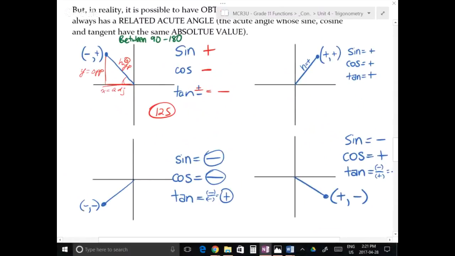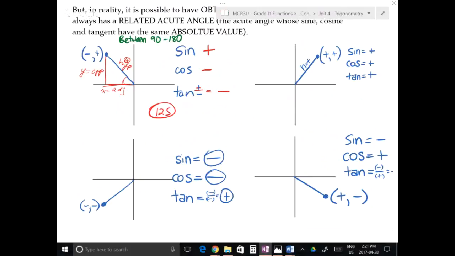Now, what this means is that for any angle between 0 and 90, sine is positive, cosine is positive, and tangent is positive. For angles between 90 and 180, sine is positive, cosine is negative, and tangent is negative.